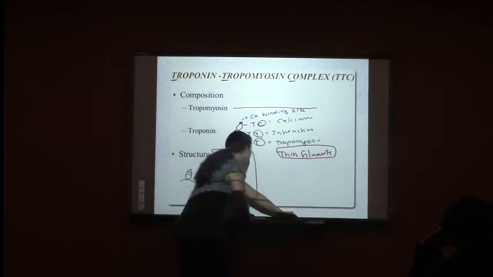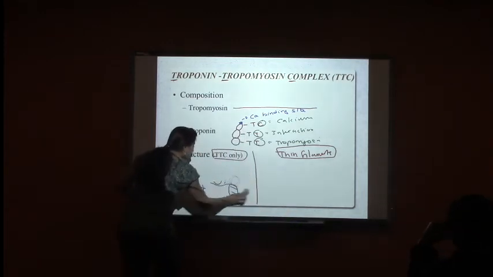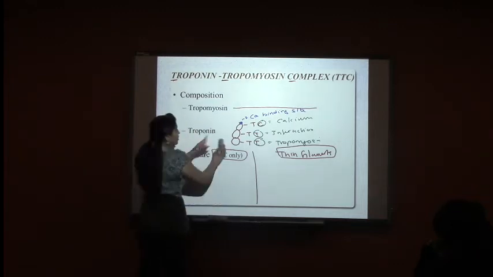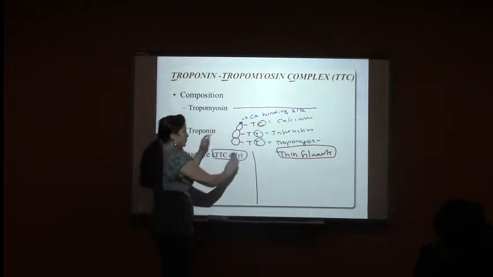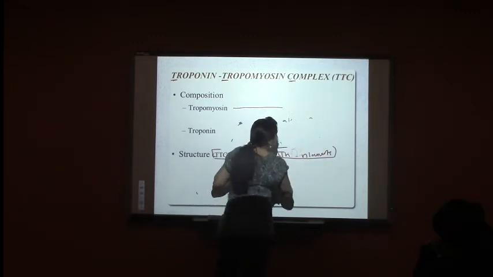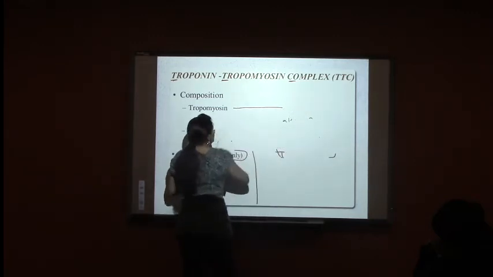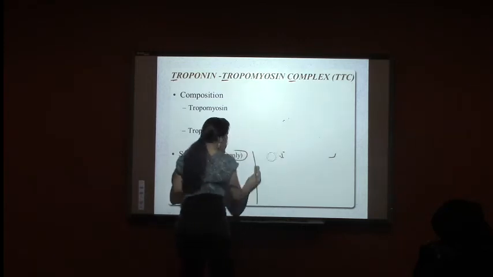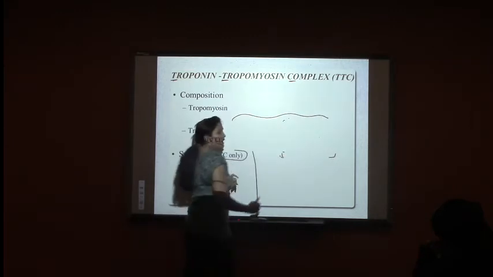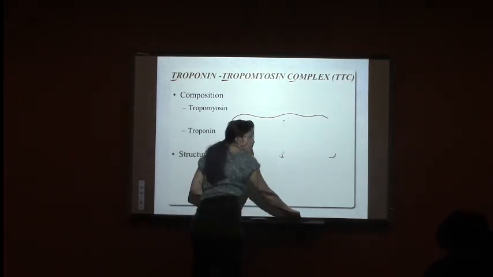Let me draw it. I'm going to draw the same thing, but because it's very hard to align stuff over here, I'm going to draw it up here. So you have your tropomyosin. Attached to it, you have troponin.